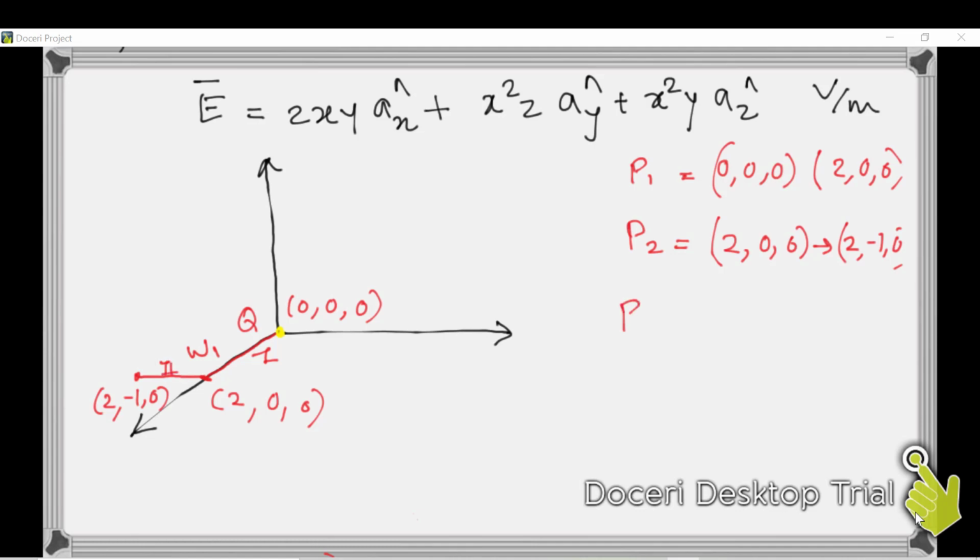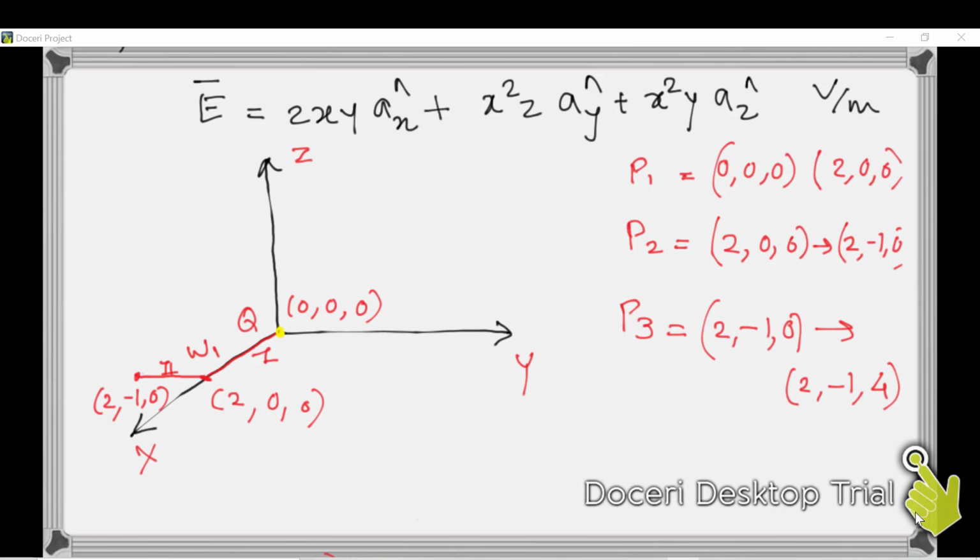And the third path P3 is what? Its initial point is (2, -1, 0), and the final point is (2, -1, z), where the z value is 4. So now we have to go towards the z axis, which means going in the upward direction.